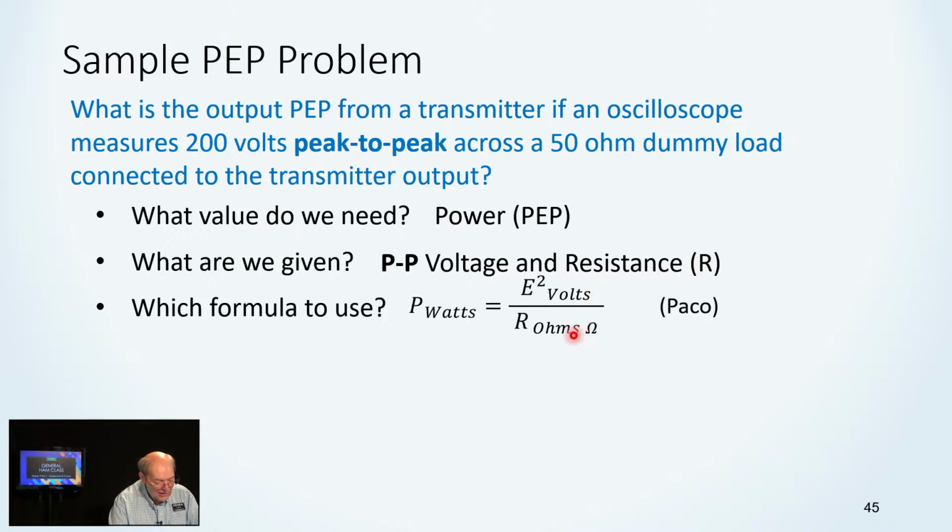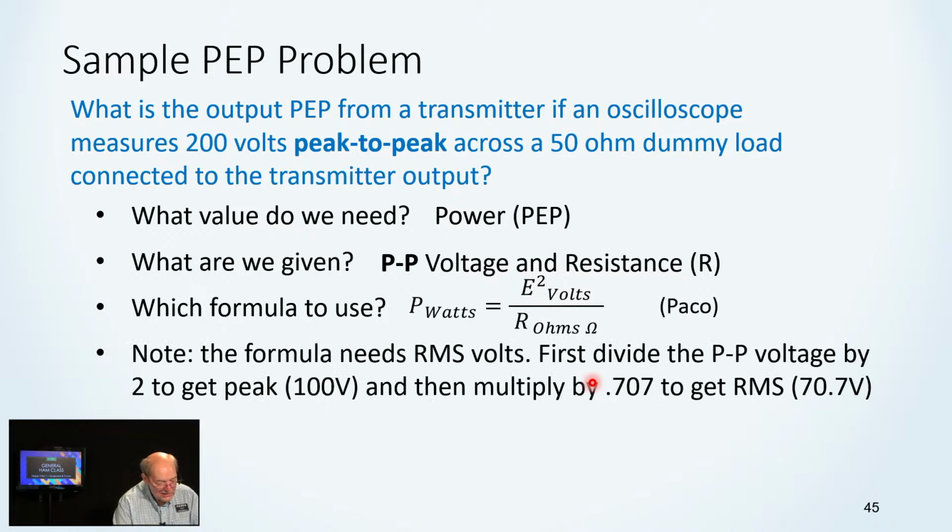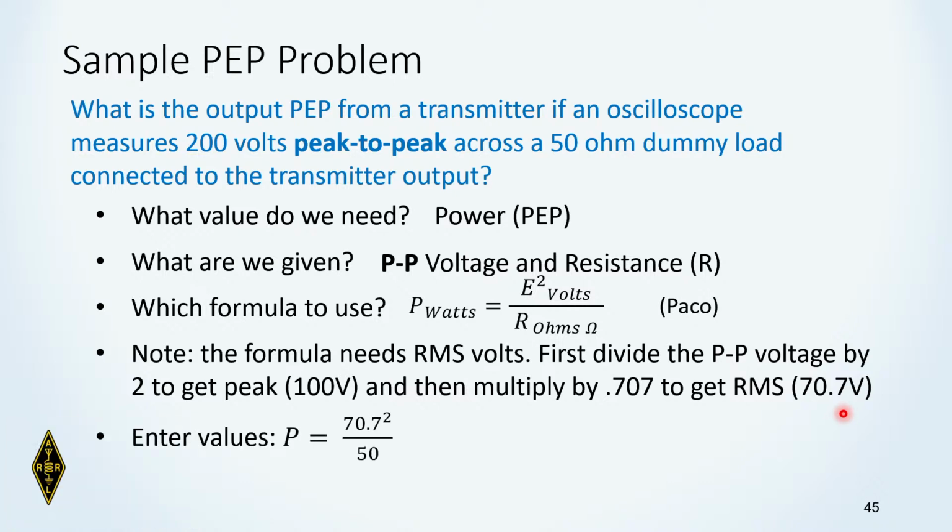Well, E squared over R includes the voltage and resistance, but the way we're going to do this is going to be a little bit different. The formula needs RMS volts. So first we have to divide the peak-to-peak voltage by 2 to get the peak, and then multiply times 0.707 to get RMS. See how we're cascading all of this? So the values are going to be P for power.